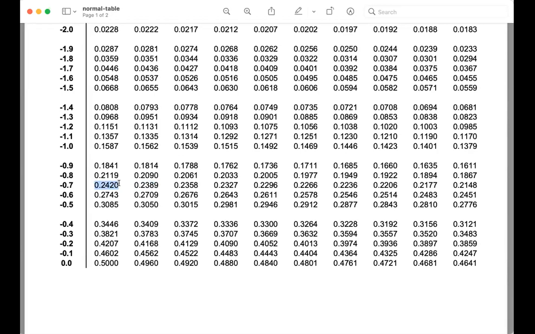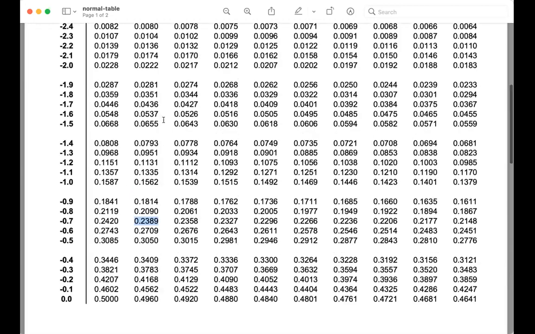If you choose this one, this is further away because this would be 0.002 away from 0.24. If you choose this one, if you add 0.0011, this one would be closer. So you say it's negative 0.71.